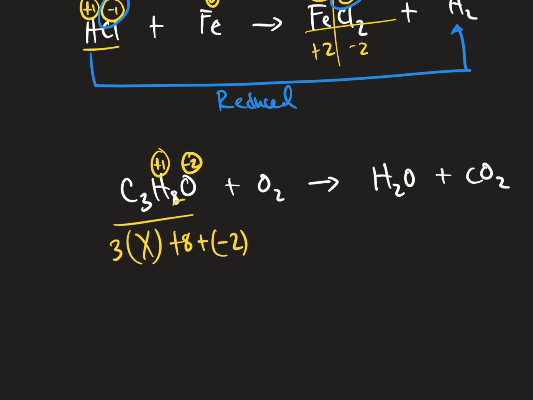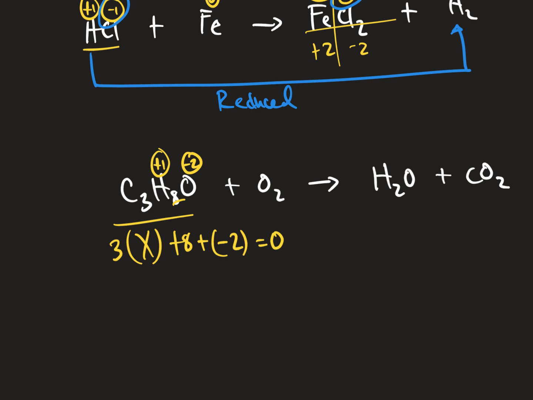You with me? Questions on how I set that up? And what does that have to equal? 0, because this is a neutral compound. Does anybody have any questions on how I set that up?